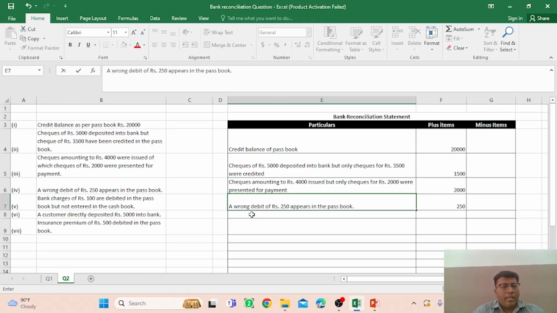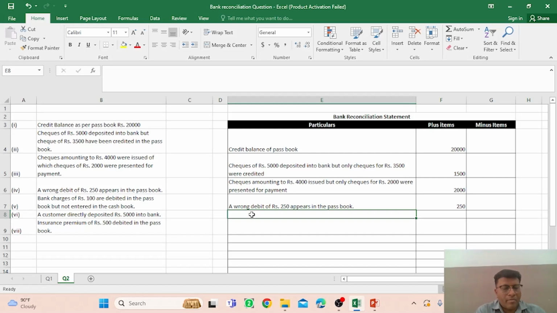And the next item is bank charges of rupees 100 debited in passbook. Again, this is the case of the debit balance in passbook, right? You are maintaining the passbook, the opposite book is the cash book, and it could not be entered in the cash book.